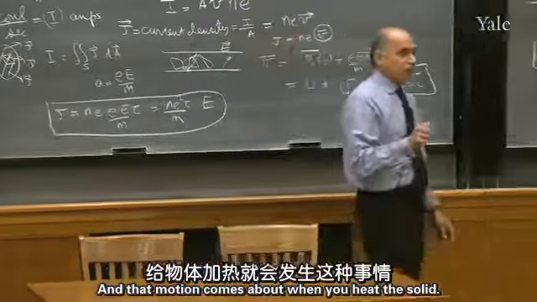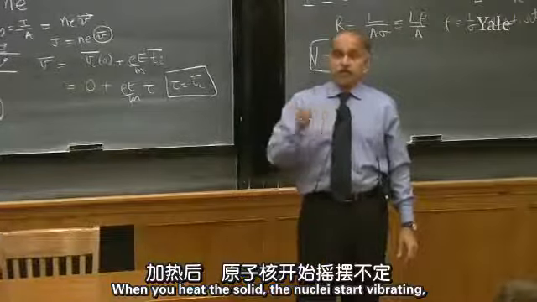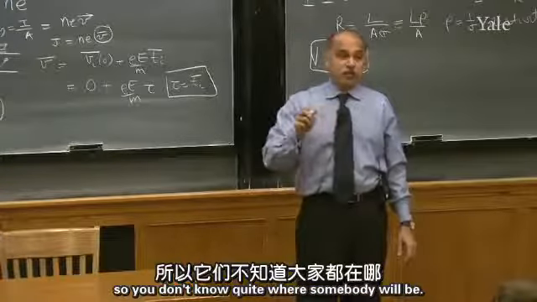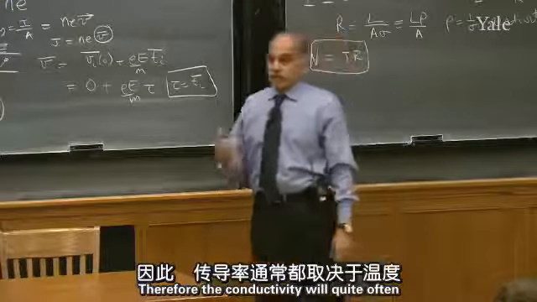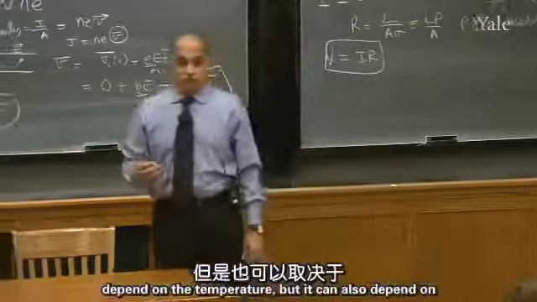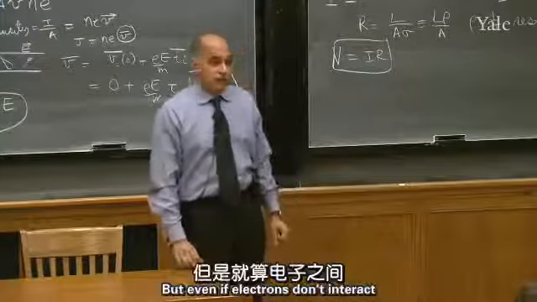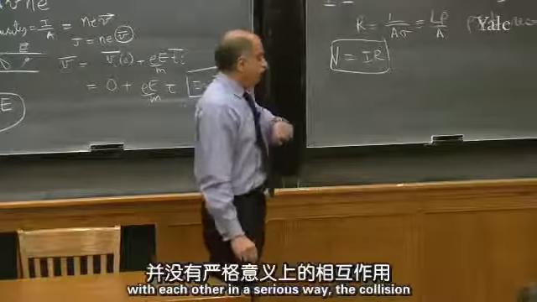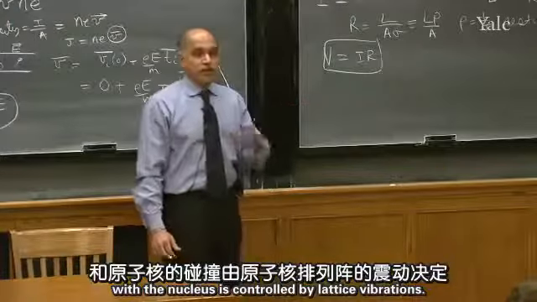That motion comes about when you heat the solid. The nuclei start vibrating, so you don't know quite where somebody will be. That gives a small probability for the electron to collide with them. Therefore, the conductivity will quite often depend on the temperature, but it can also depend on the force of interaction between electrons. But even if electrons don't interact with each other in a serious way, the collision with the nucleus is controlled by lattice vibrations.